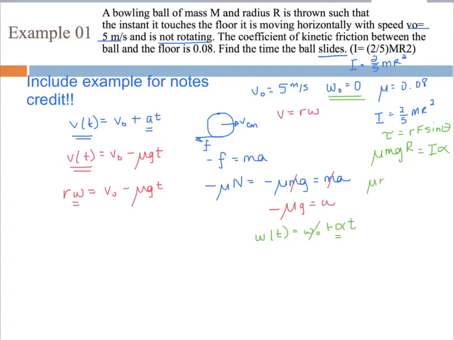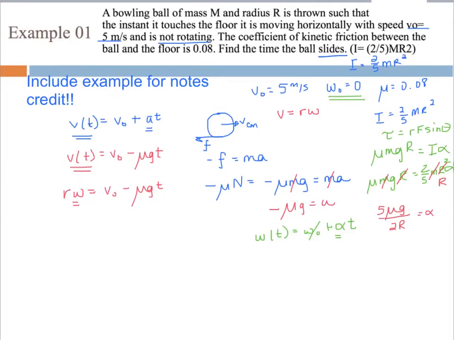With all my substitutions, I can put in 2 over 5 mr squared and leave alpha there for now. The masses will cancel out, and one of the r's will also cancel out. You're left with 5 mu g over 2 r is equal to alpha.